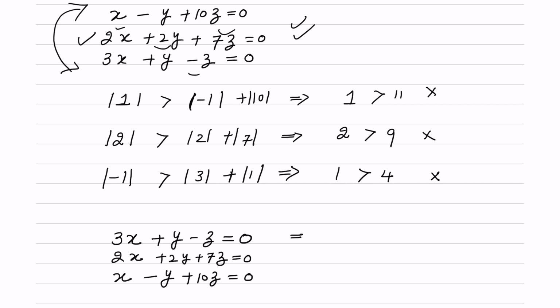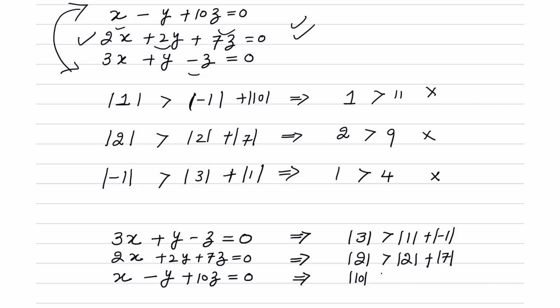So this equation gives us 3 absolute should be greater than 1 absolute plus minus 1. This equation tells us that 2 absolute should be greater than 2 absolute plus 7 absolute, and the third equation tells us that we have to have 10 absolute should be greater than 1 absolute plus minus 1.